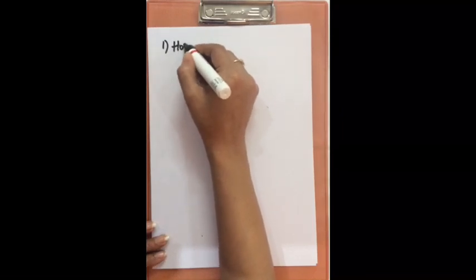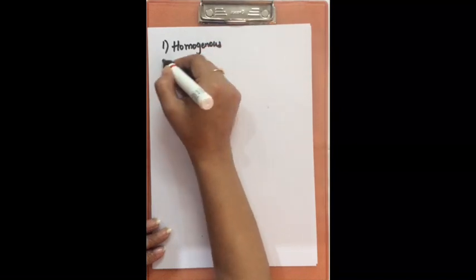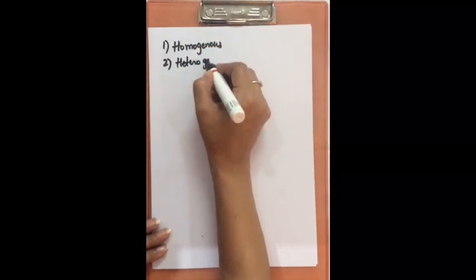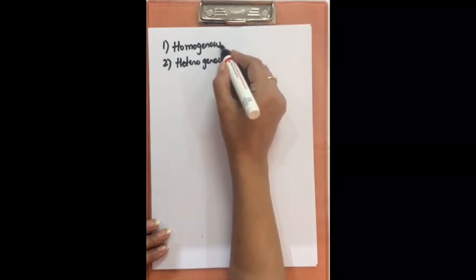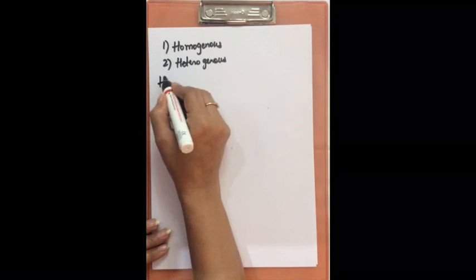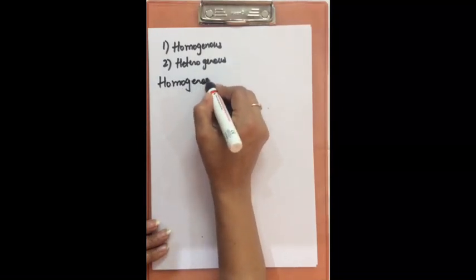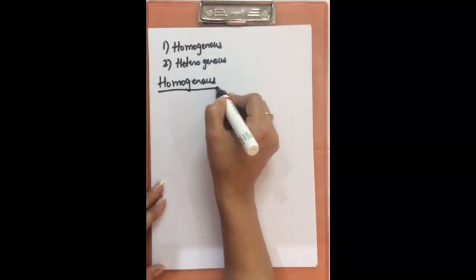Catalysis is classified into two groups, homogeneous and heterogeneous catalysis. In case of homogeneous catalysis, the catalyst is present in the same phase as that of the reactants.